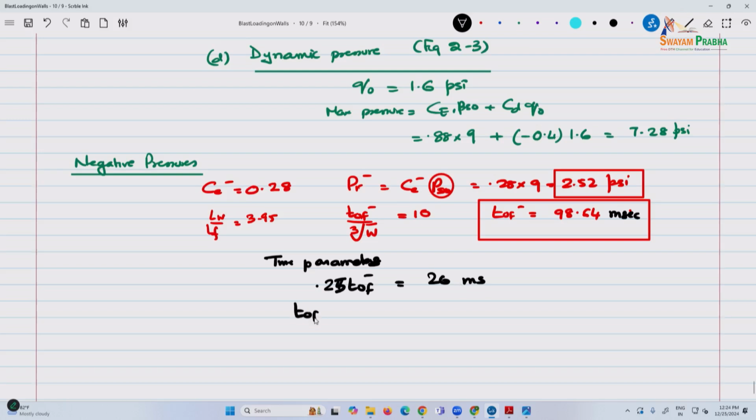Then TOF negative plus T naught is, what did we calculate? 98.54 plus 26.6, which is 127.2, and T naught plus 0.25 TOF negative is 52.6.